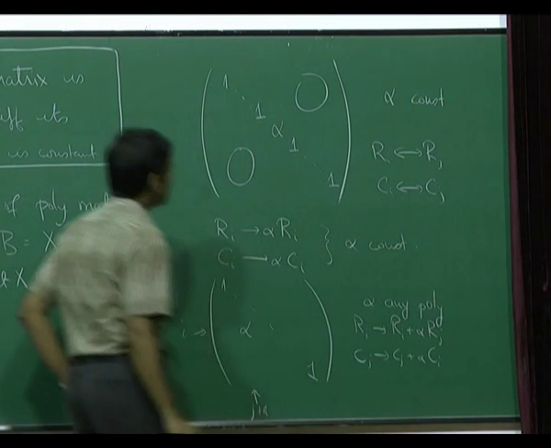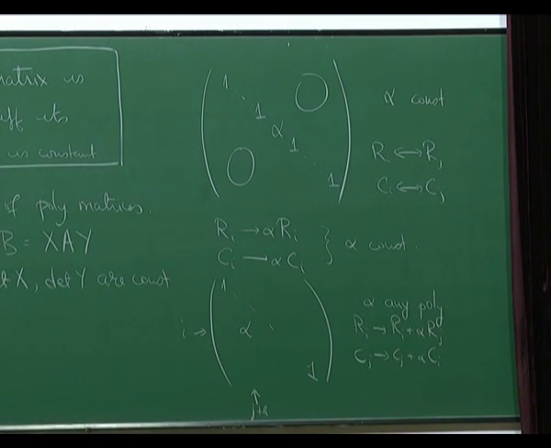So, we are allowed to do all these operations and our goal is to try to bring our matrix to some canonical form. In this case, the canonical form is called the Smith canonical form.